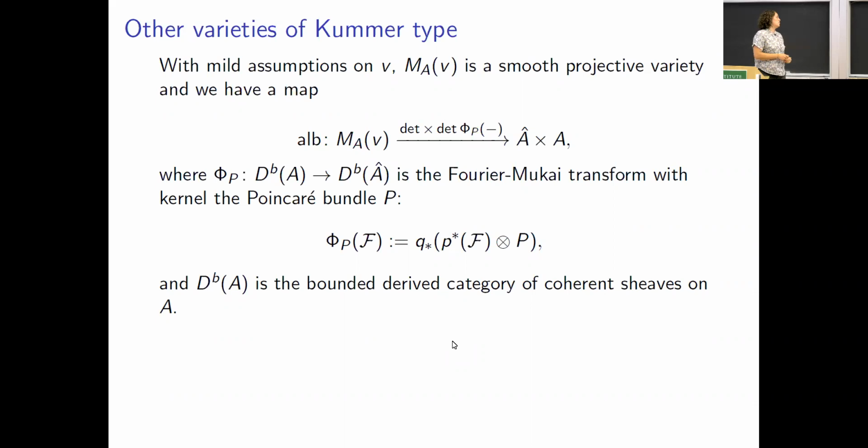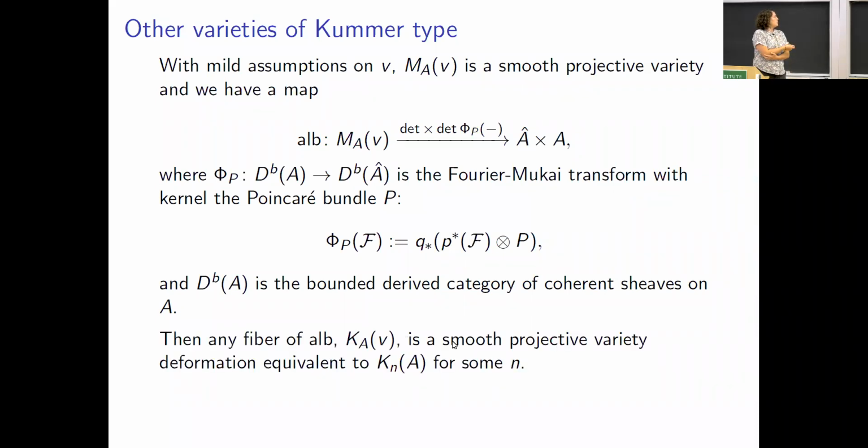I've written the definition here: you take your sheaf on A, pull it back to the product A cross A hat, tensor with the Poincare bundle, and then push down to A hat. It's okay if the details are not so clear, but this gives me a map from the moduli space to A.